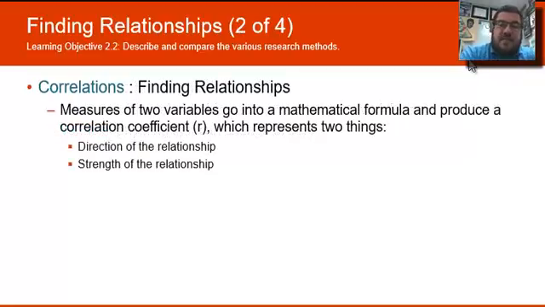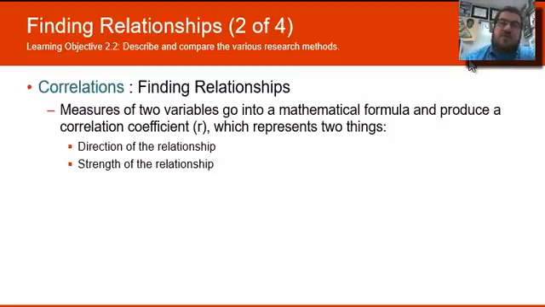But the measures of two variables go into a mathematical formula and produce a correlation coefficient represented by r, which represents two things: the direction of the relationship, whether it's a positive or negative number, and the strength of the relationship, whether it's closer to +1 or closer to -1.